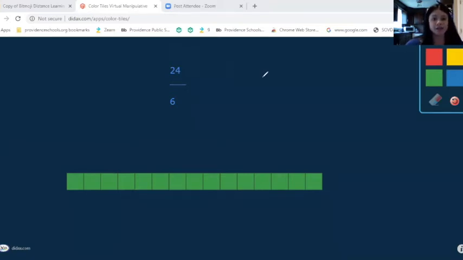I can also use it as a regular division sentence, 24 divided by 6. And I can also do long division. And when I do long division, my second number is what goes on the outside of the box.